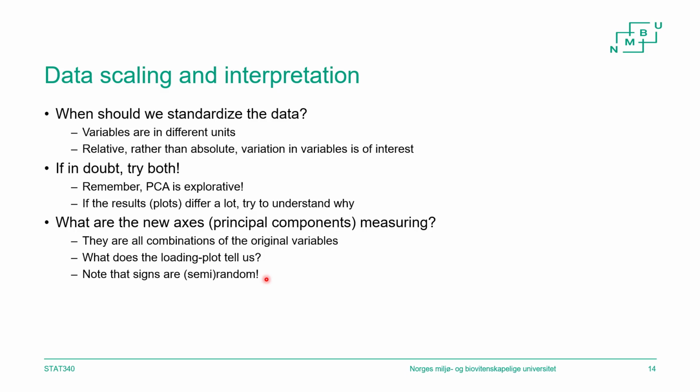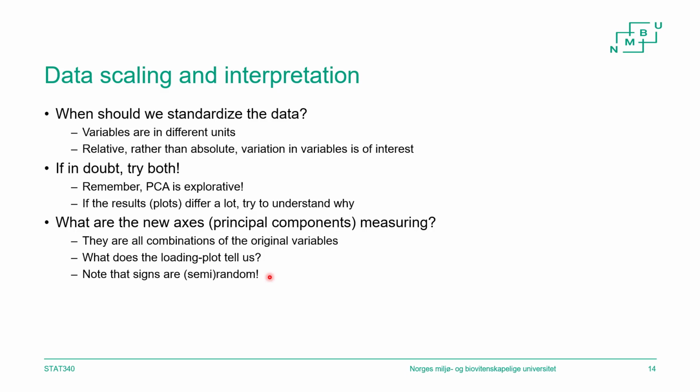You change your data set slightly, and then you run the PCA again, and you get almost the opposite picture. Don't be surprised by it, because the signs are not really important here.